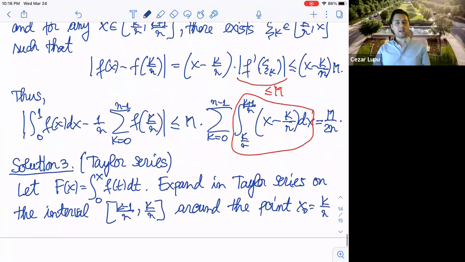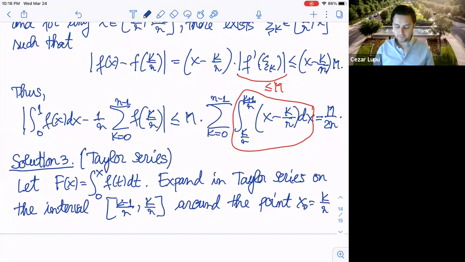And we will apply this for the antiderivative. So that's what we're going to do.